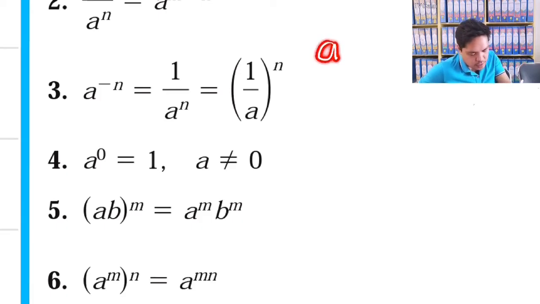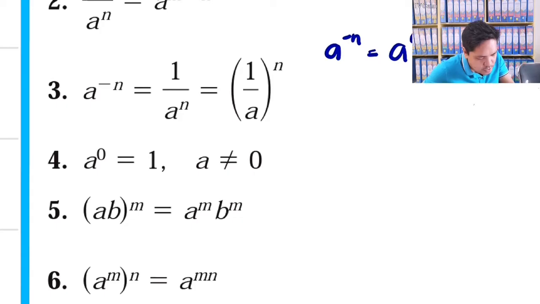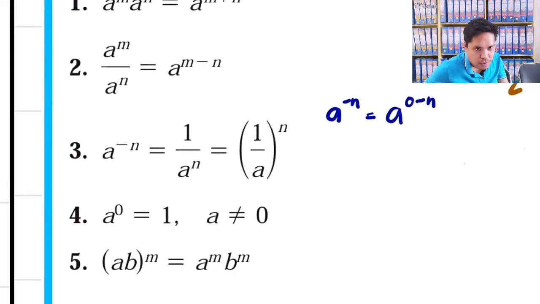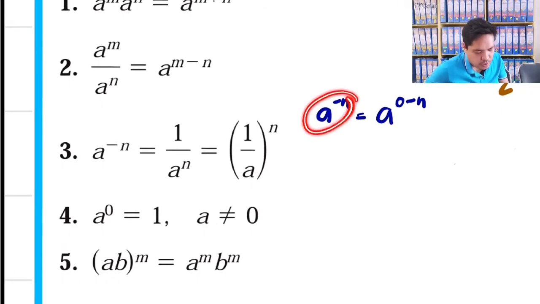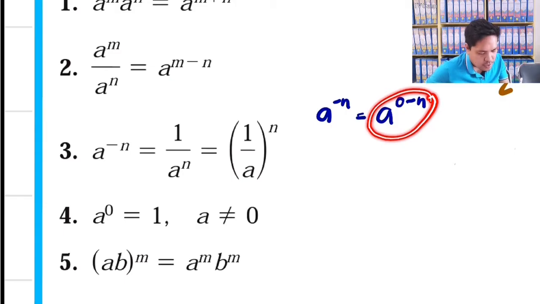Now, going back to this, if a raised to 0 is equal to 1, we could imagine a raised to negative n as the same as a raised to 0 minus n. Diba? 0 minus n is negative n.